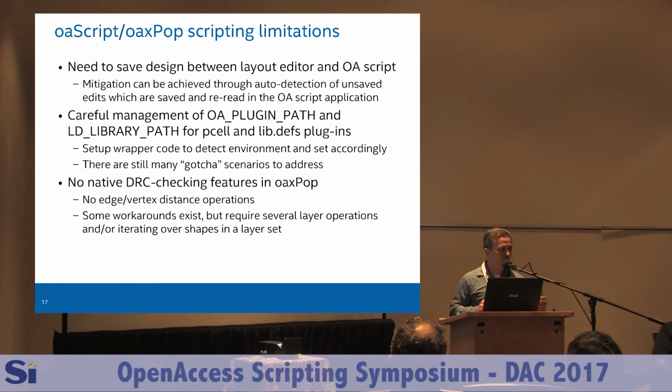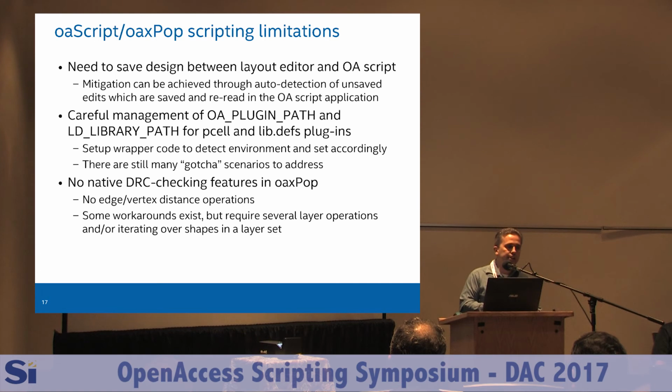Also, going off of what Ted was saying, working with P cells or anything that requires a plugin is very difficult to manage. It is possible, but we had to deal with a lot of things through trial and error, and we eventually overcame it. But it is still something you have to work with.